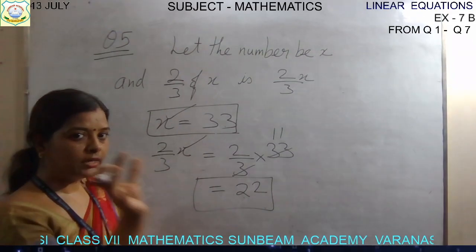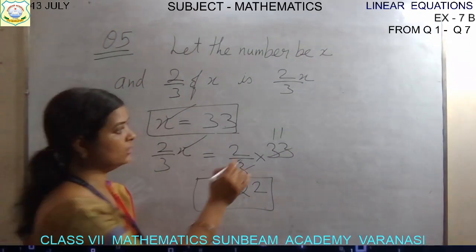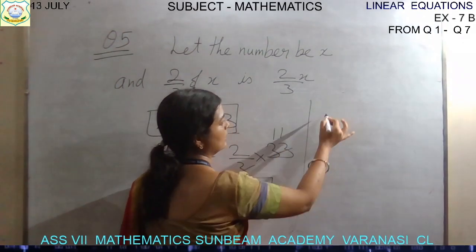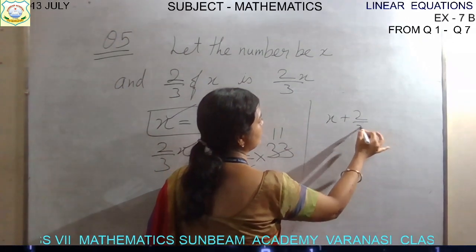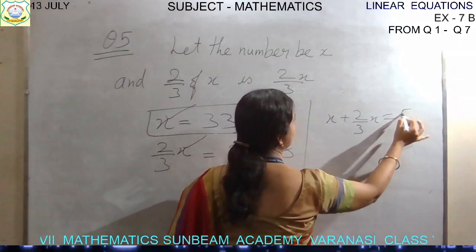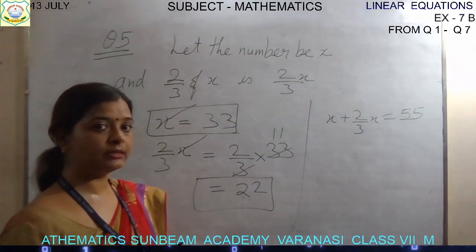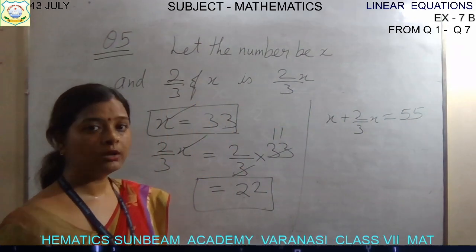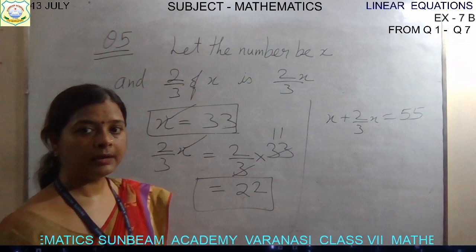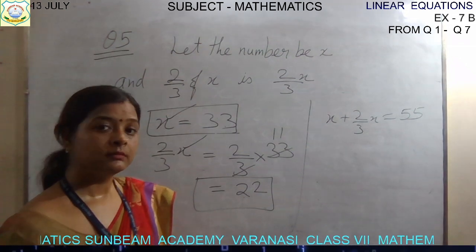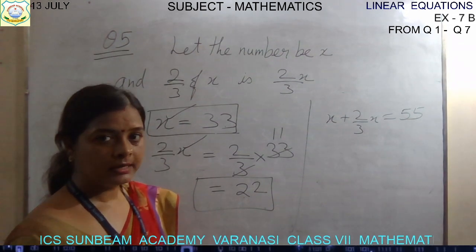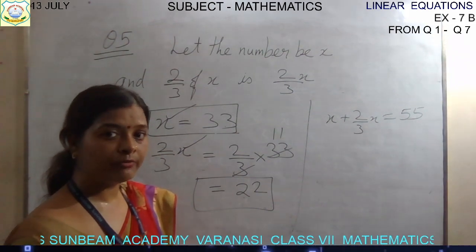Or whatever equation you have obtained, that is x plus 2 by 3 of x is equal to 55, you can put the value of x and find whether your answer is correct or not. How, children? By substituting the value of x.